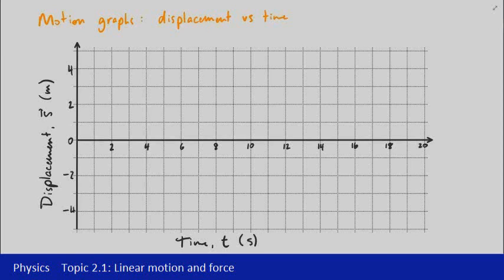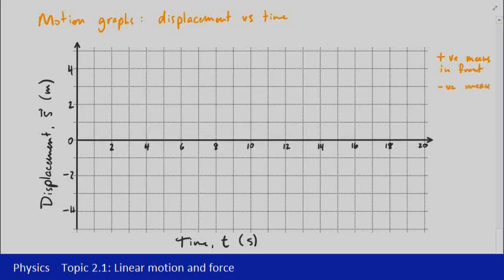part of the axis. One other thing that's important to note here is when you're talking about displacement, if you're using a negative, you need to make it clear what that negative actually means or what it relates to. And in order to do that in this case, I'm just going to make a note over to the side here that positive means in front of the observer or the person who's making these measurements, and negative means behind.